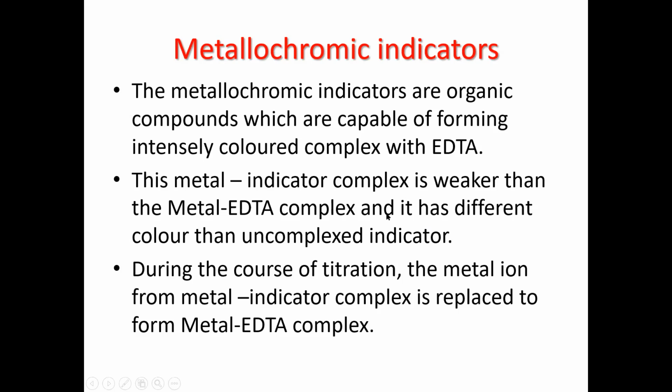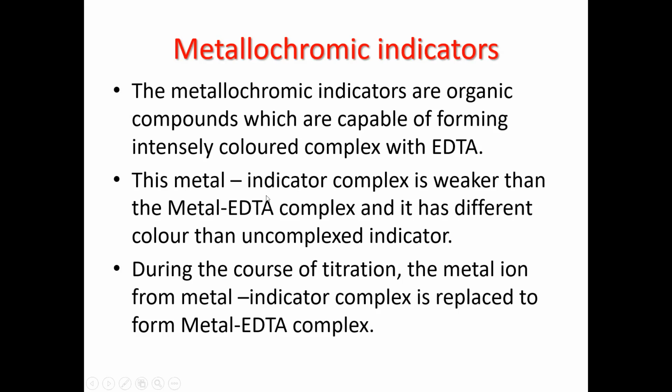What this simply means is that you first form a complex between your metal and the indicator at the start of the reaction. But this complex is not stable, it's a weak one, such that when you start running your EDTA, the EDTA displaces the indicator from the metal indicator complex to form your metal EDTA complex.